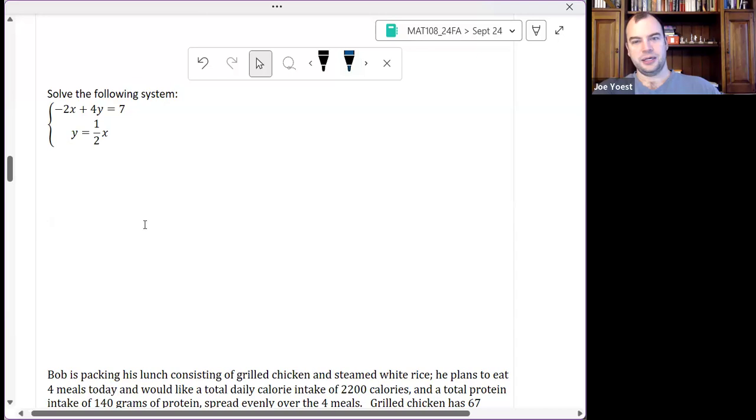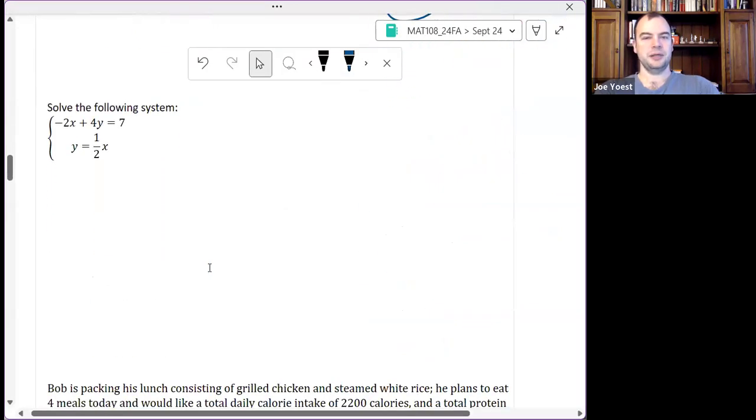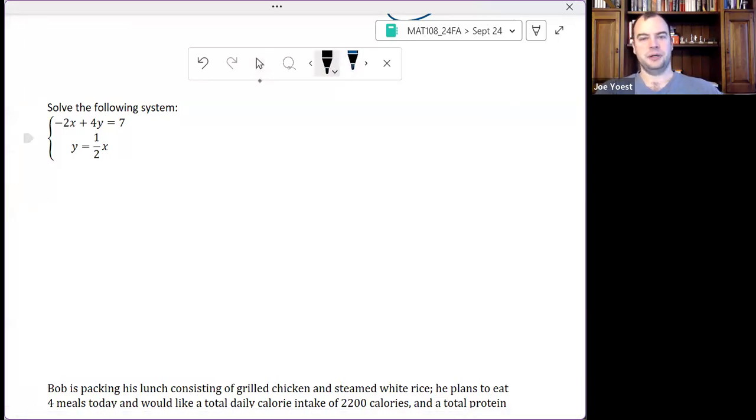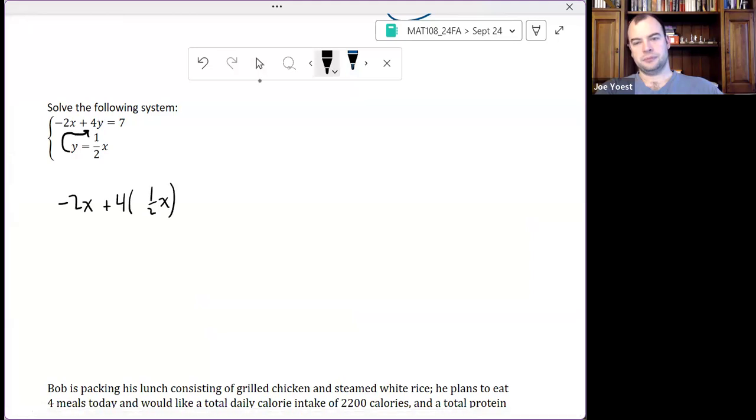Okay, a system like this, we saw that substitution was a bit messier here than the elimination method. But here, this is set up very nicely for substitution. y equals 1/2 x, I'm ready to just plug in. I've already got y solved in terms of x.